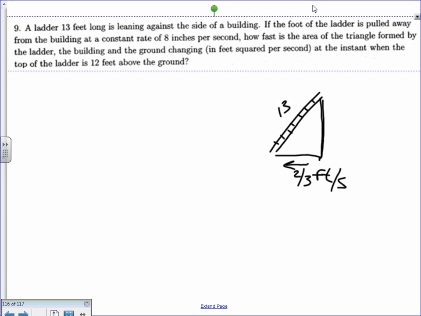It's moving away. How fast is the area of the triangle formed by the ladder, the building, and the ground changing at the instant when the top of the ladder is 12 feet above the ground? So we're given this as well. We want to know how fast the area is changing, so I want to know dA/dt. That's definitely one of the things I don't know.